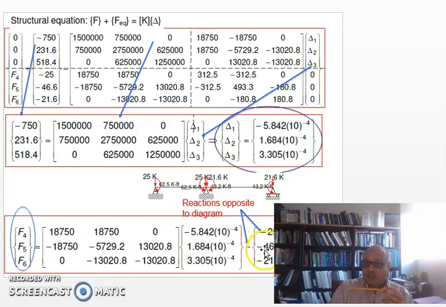The negative 25, negative 46, and negative 21, and another negative right there, they will be added together to come up with 17.2, 60.89, 15.1, and these are going to be the forces that are developed at the 3 ends.